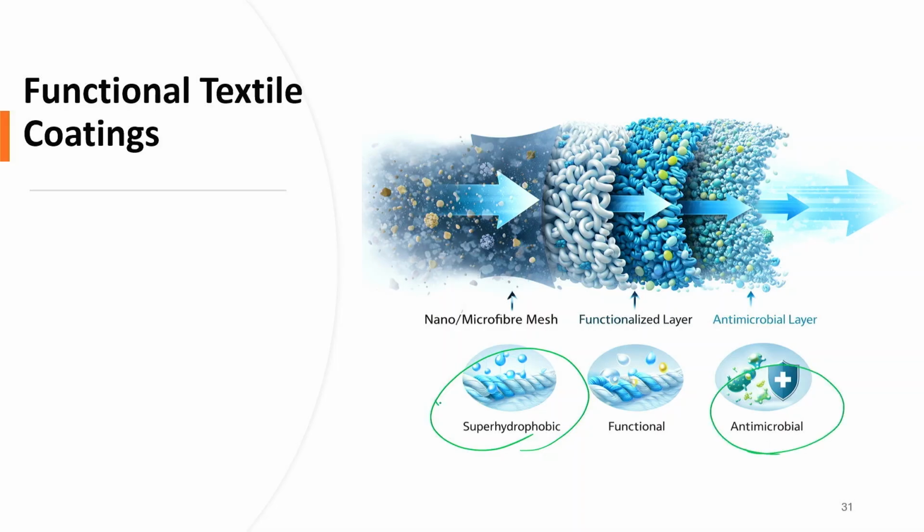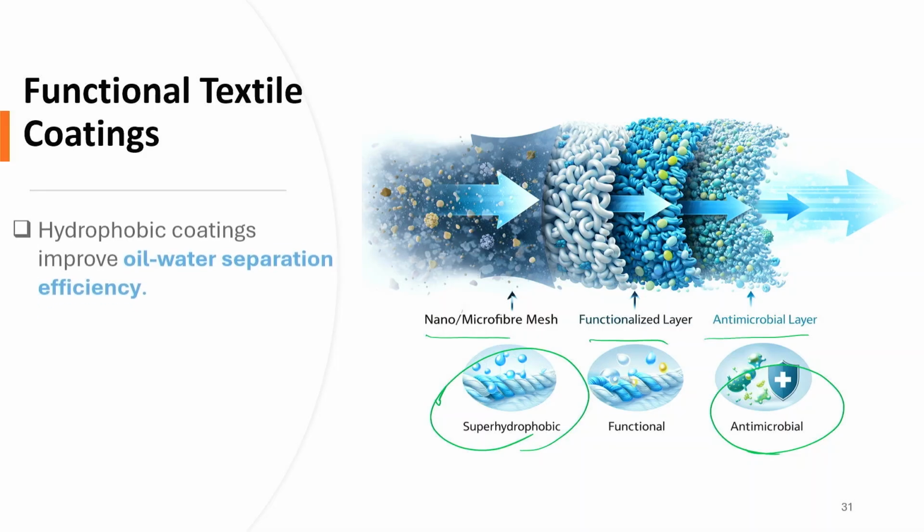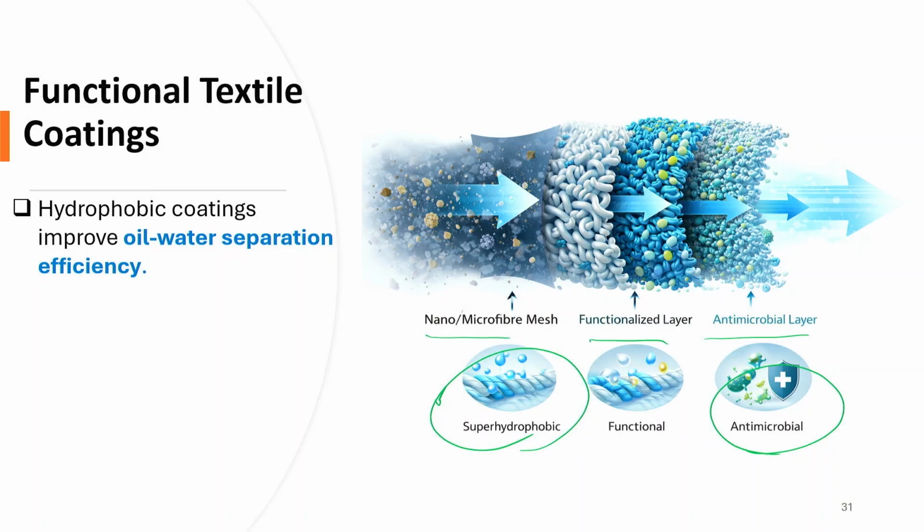With super hydrophobic treatment, as we have mentioned, it can adsorb the oil spill from the sea water. So, there is a nanofiber mesh, a functional layer and an antimicrobial layer. So, these functional coatings are there.